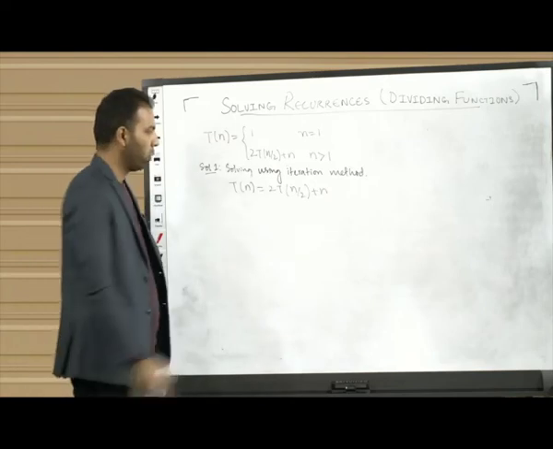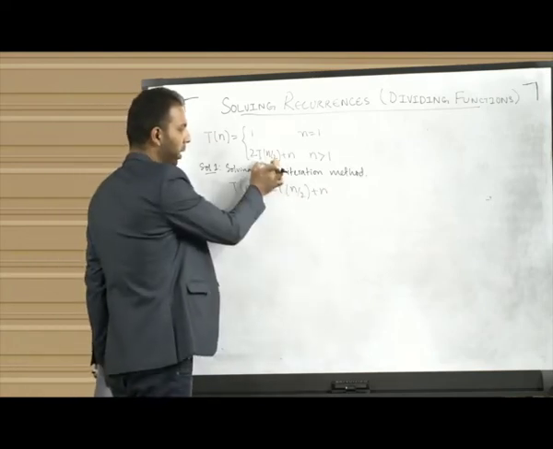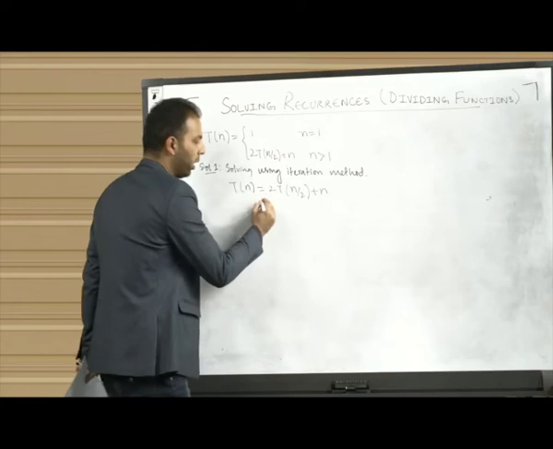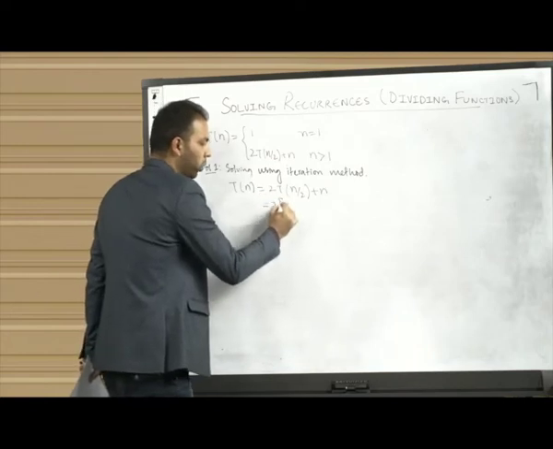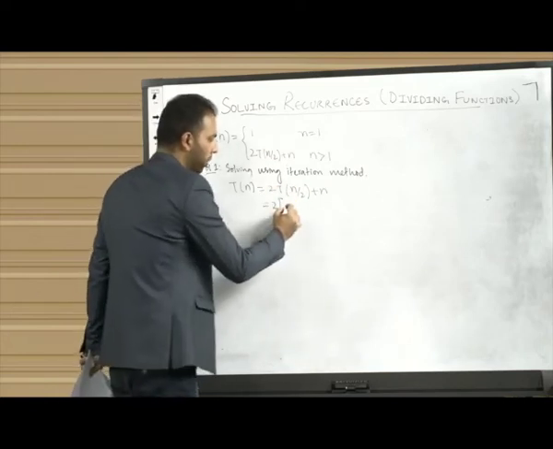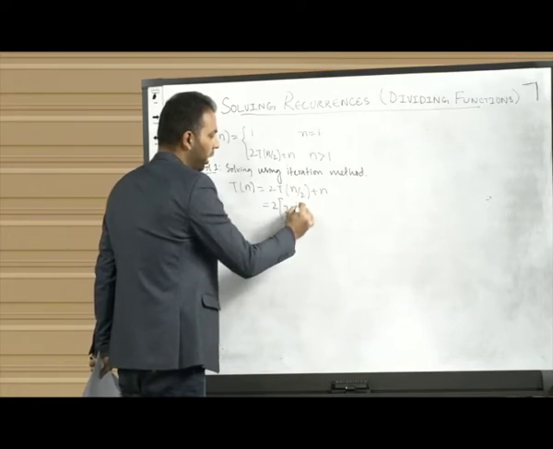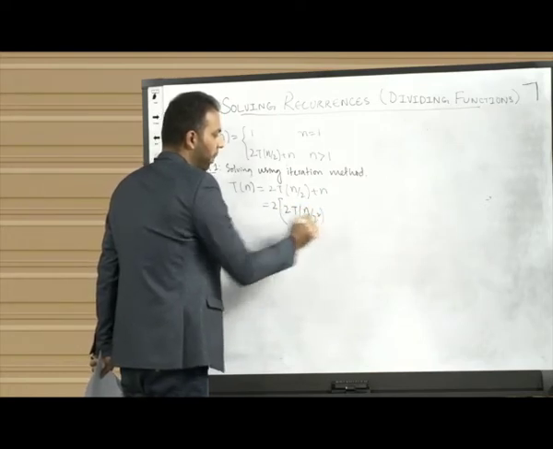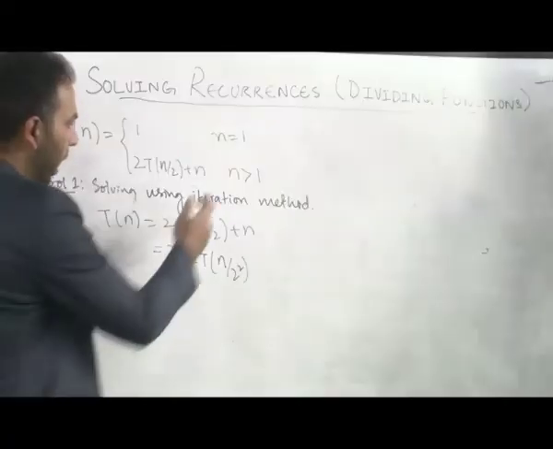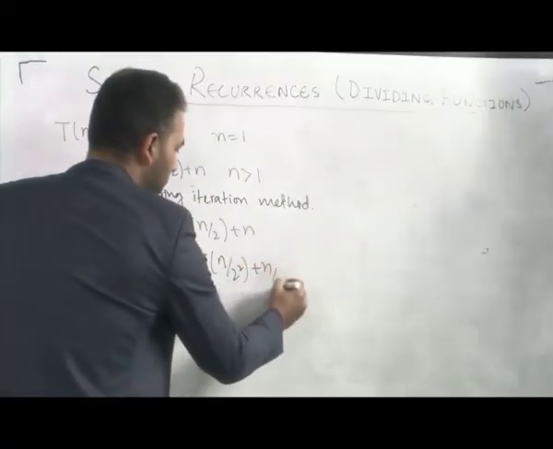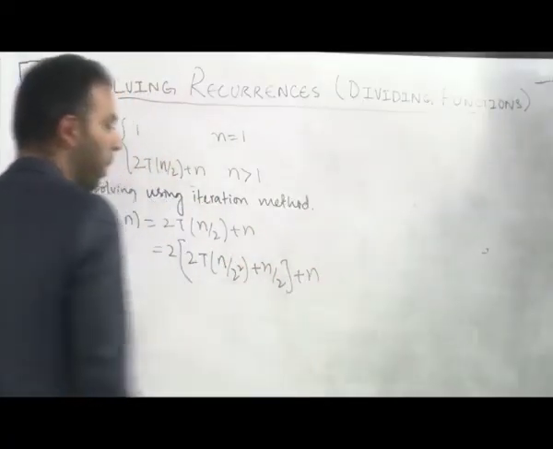Fine. So we'll be opening this thing, we'll be substituting here, or we'll be using another iteration, that is 2, this t of n by 2 I'll be substituting here. So it will be 2t of n by 2 square, okay, and then plus n, it is n by 2 and plus n.